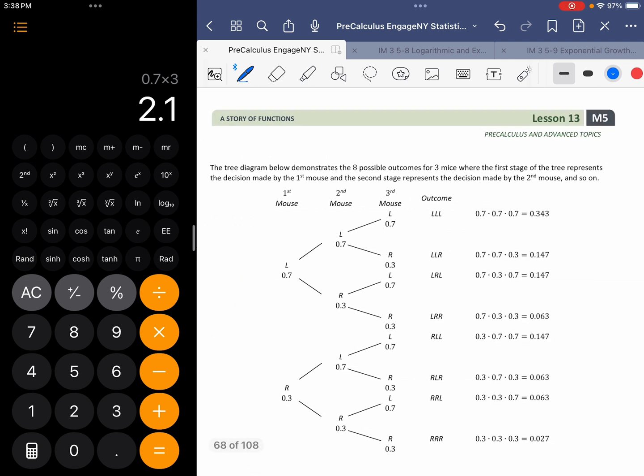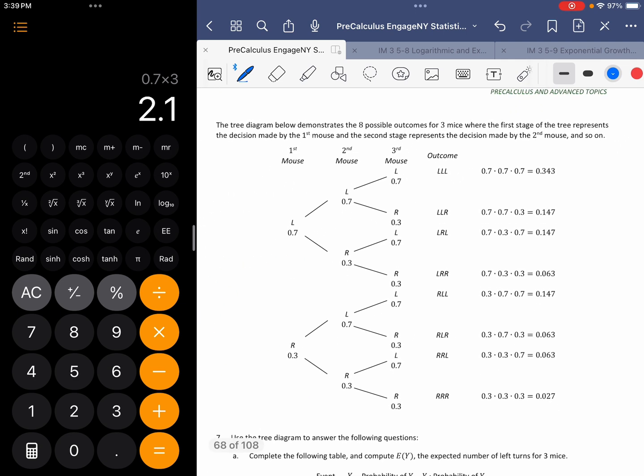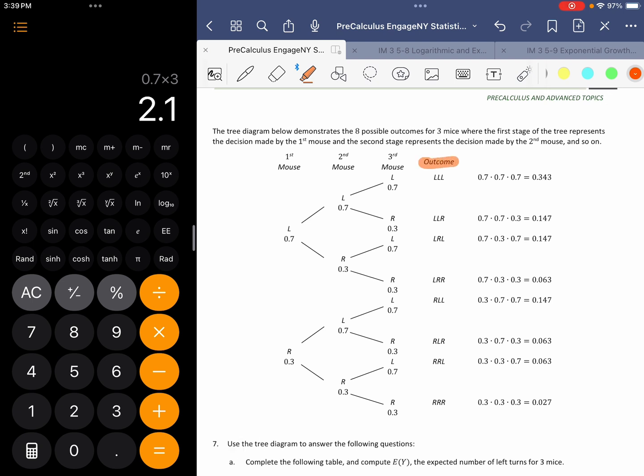And what's nice is that they've actually given us all of the outcomes. They've organized their thinking in a tree diagram, but for us, the thing that we're looking at is this outcome column, right? So there's 8 outcomes when there are 3 mice, because each mouse has 2 possibles. It has a left or a right, a left or a right, a left or a right. So 2 times 2 times 2, 8 outcomes.